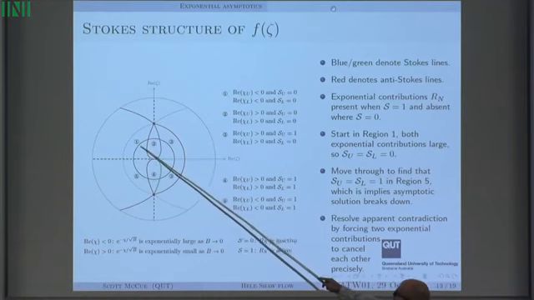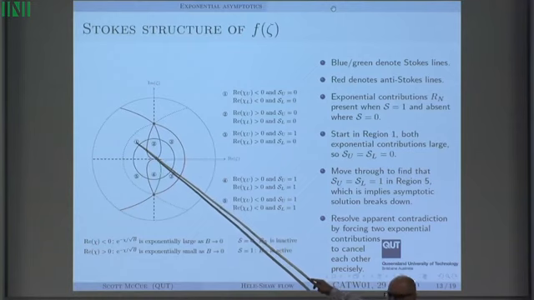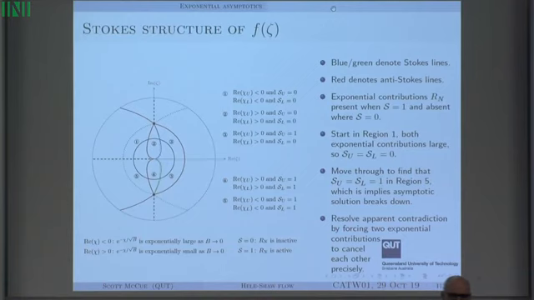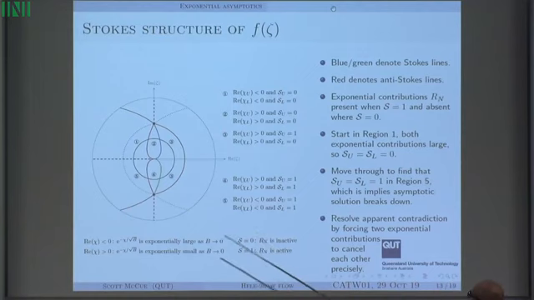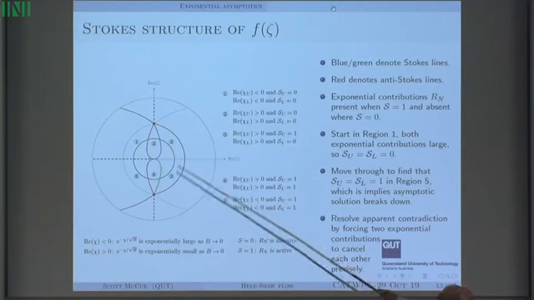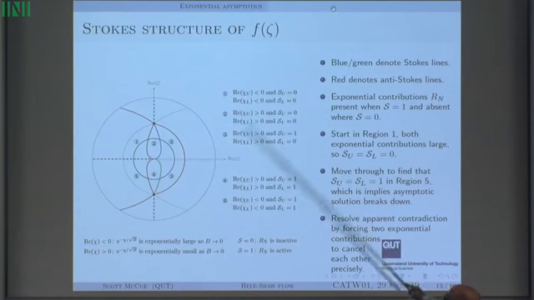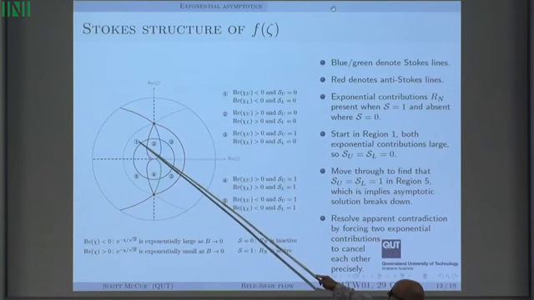So I know that these two exponential contributions are exponentially large in region 1, and I can't really have that. I can't have an asymptotic series where these exponential contributions are exponentially large. So I might just assume then that this Stokes multiplier out the front is 0 in both cases. I'm calling these SU and SL. So let's just say that they're both 0 in this case.